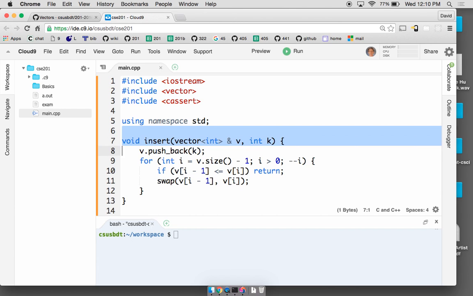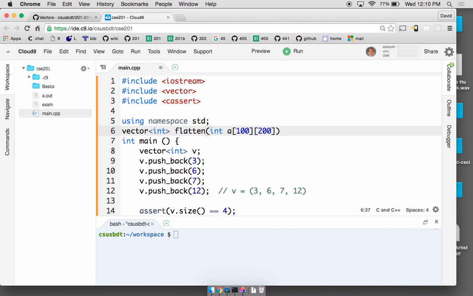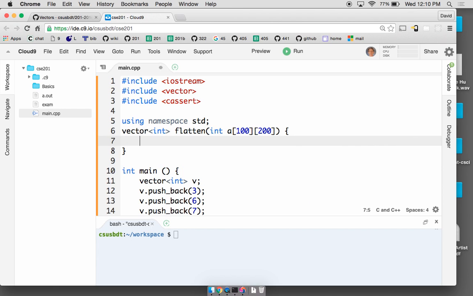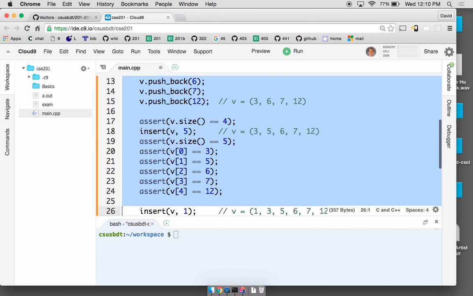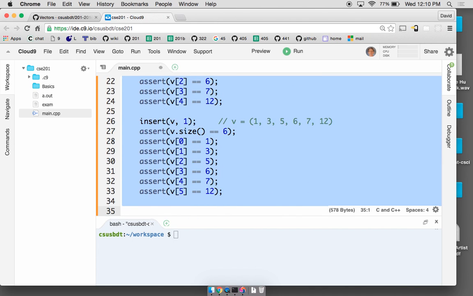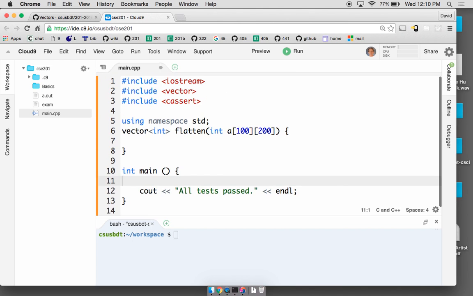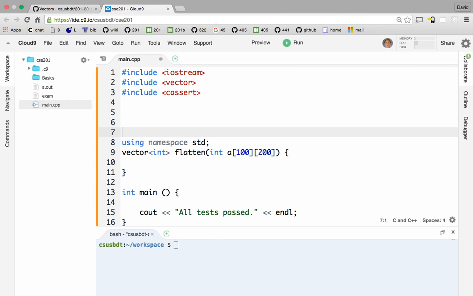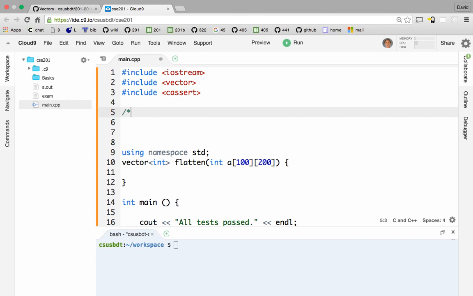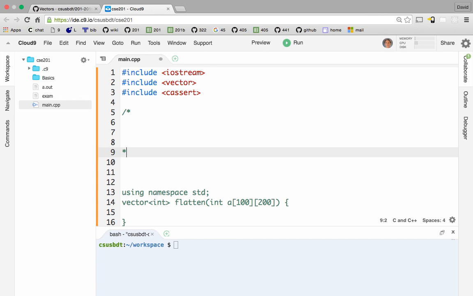So in this problem, we need to implement this function called flatten. Flatten takes an array that's 100 by 200, and it produces a vector of int. So you can look at a smaller example to get a better understanding.